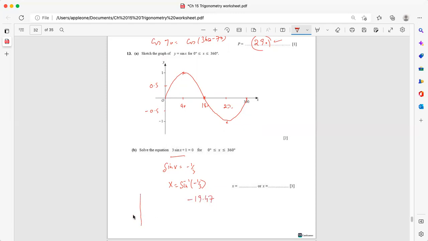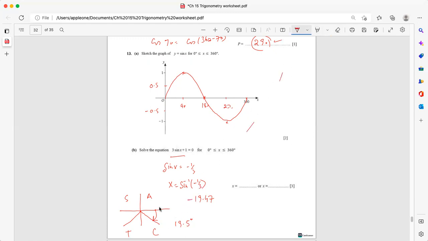Now I have taught you the ASTC diagram. Sine is negative, and negative is not lying in the first quadrant, not in the second quadrant. Sine is negative in the third quadrant and in the fourth quadrant. ASTC diagram. So here is 19.47, or 19.5 degrees, because the angle is always to one decimal place.